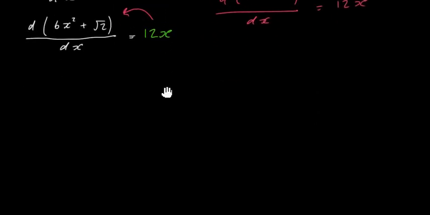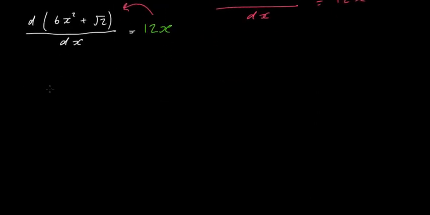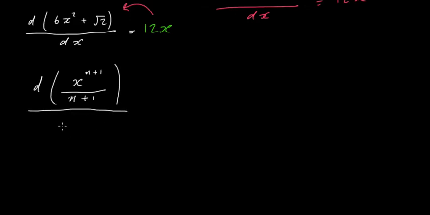How do you actually integrate, generally speaking? Again, let's start with differentiation, and I'm going to look at differentiating this particular term: x to the power of n plus 1 over n plus 1, with respect to x. How do we do that?